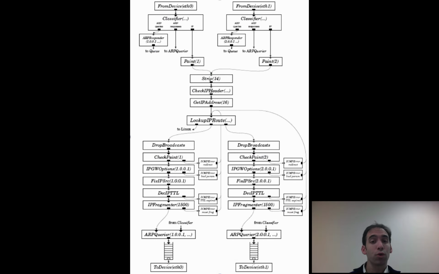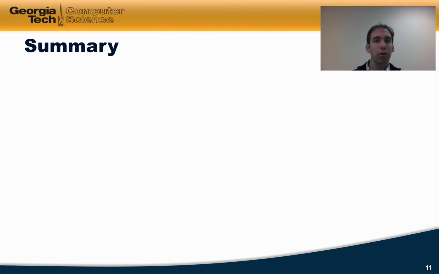It's possible to stitch together Click elements to build an entire IP router. The configuration here shows how the various existing Click elements can be used to build an IP router. It's even possible to write your own elements in Click and invoke them with the Click configuration.